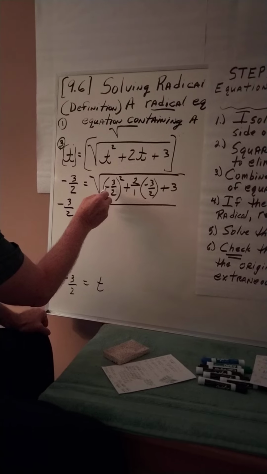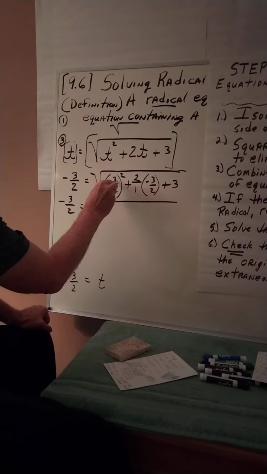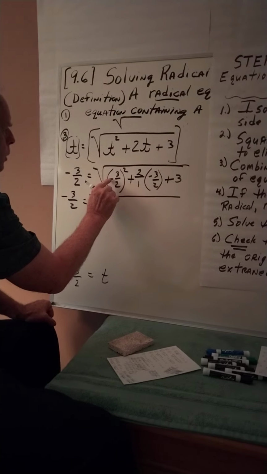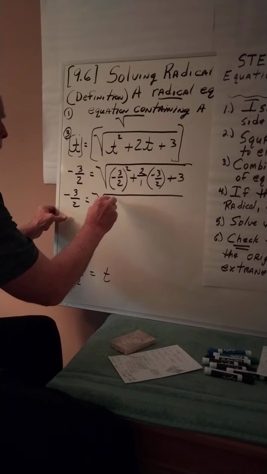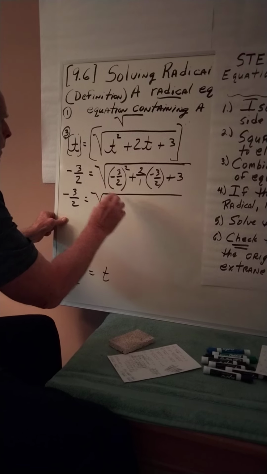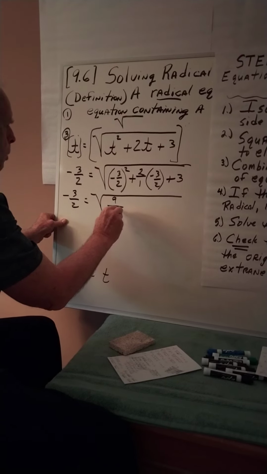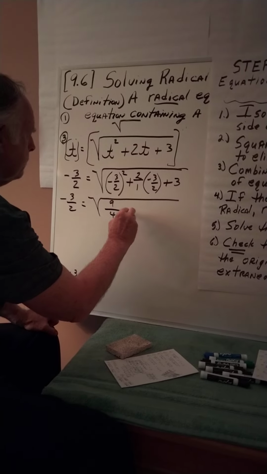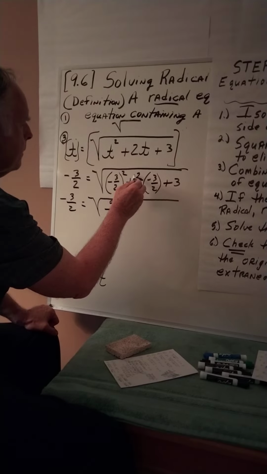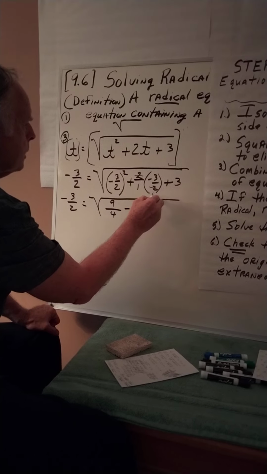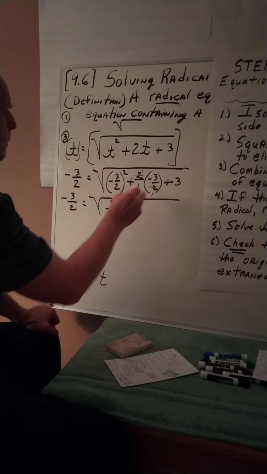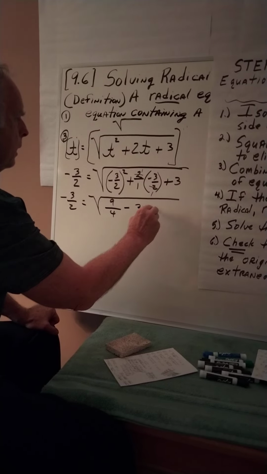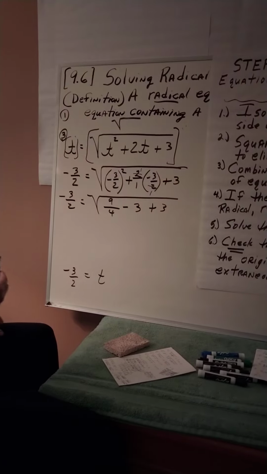A quick way to do that is we can take this numerator, and negative 3 to the second power would be 9, over 2 to the second power would be 4. This is a positive times a negative, so that's going to be a negative. The 2's will cross cancel out. We're going to be left with a negative 3 and then plus 3.